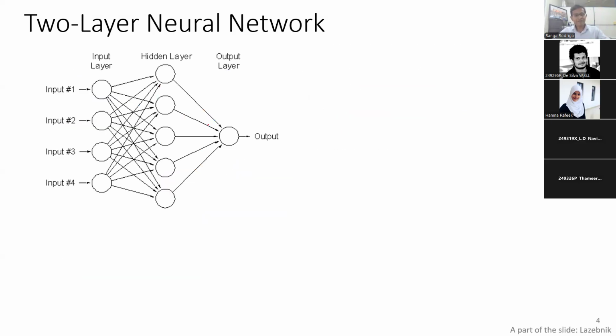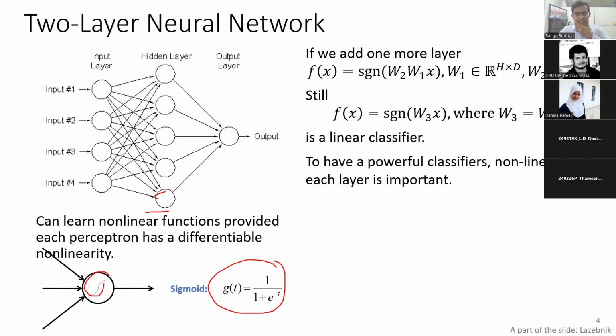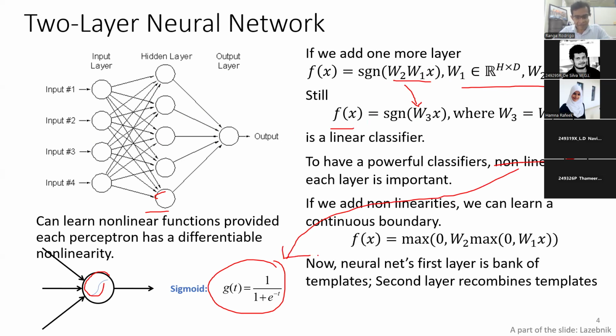Then what people did was add hidden layers to this. Then nonlinearity is always there. So in each of those nodes, there is a nonlinearity, for example, a sigmoid function. If we add one more layer like so, I have given the sizes of this. Still, these two can be captured into W3. It is still a linear classifier. To have a powerful classifier, nonlinearity must be added to each of these nodes. If we add nonlinearities, we can learn a continuous boundary.